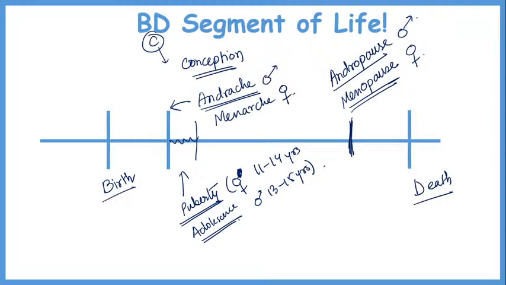So these are basic ideas that you are supposed to know. Are we clear till this? The idea of puberty, androarche, menarche, andropause, menopause. Are we clear with all these ideas?